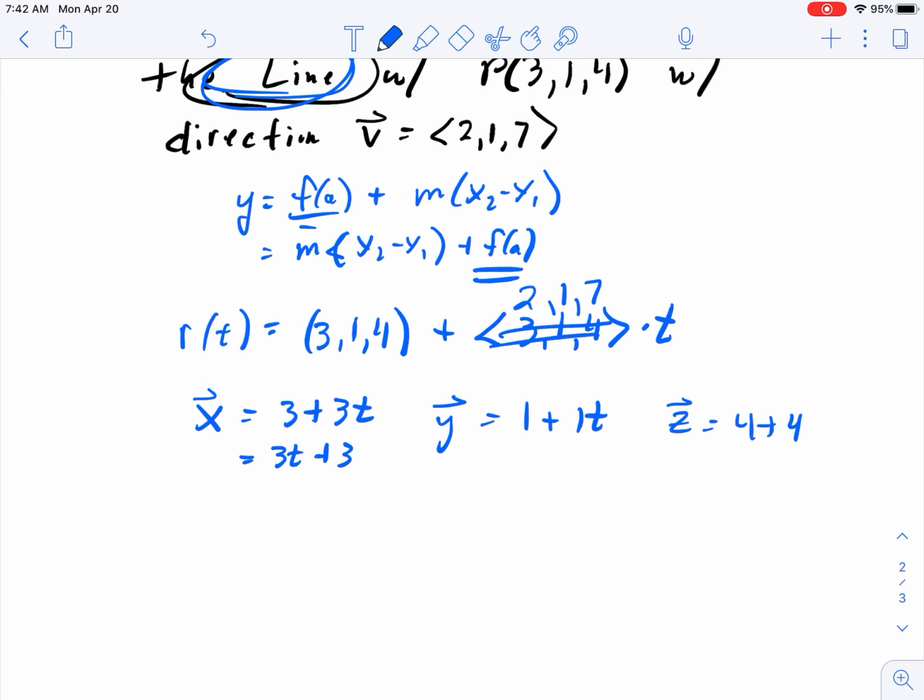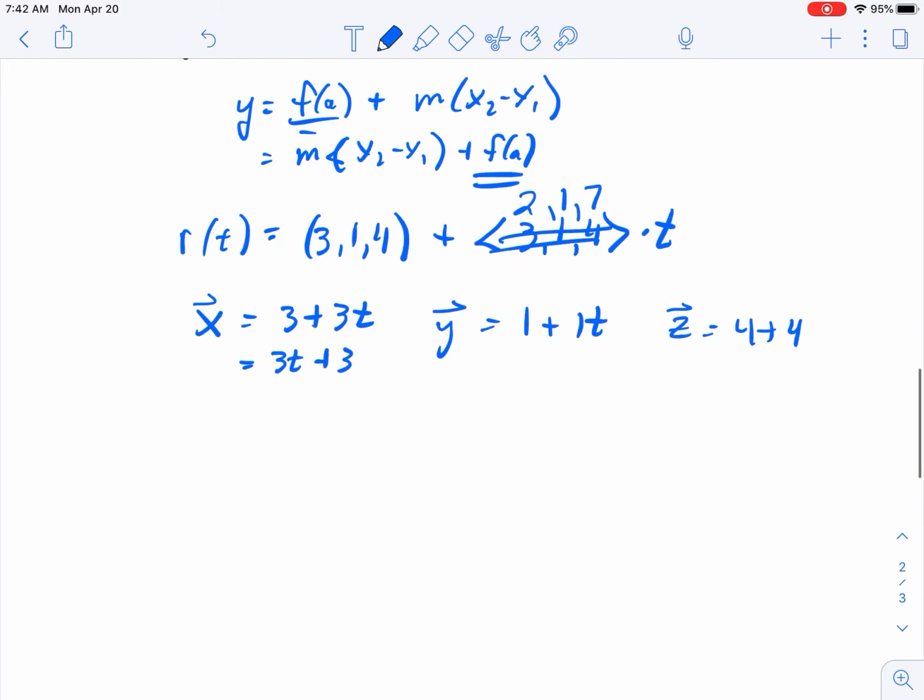This is 2, 1, 7. I wrote down the same thing. So my slope here is 2, or 2t. I thought there was something weird going on. Y is fine. Z is 4 plus 7t, or again, you can go 7t plus 4. Okay.